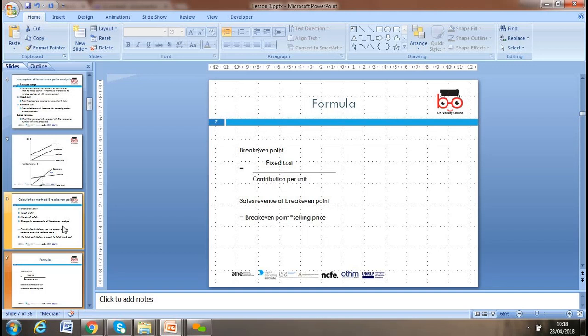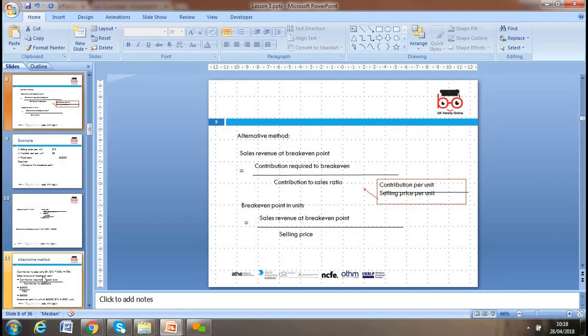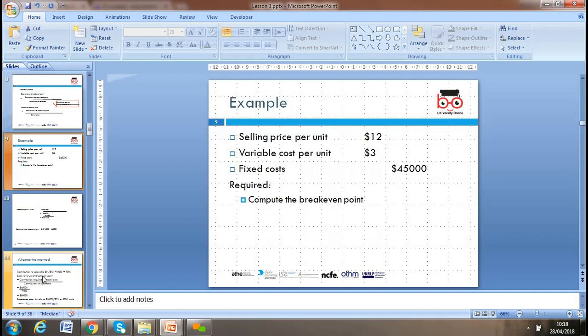Then at this break-even point, how much is the value of the sales? It is the break-even point times the sale price, and we can calculate our value of sales at break-even. So we'll keep the formulas simple.